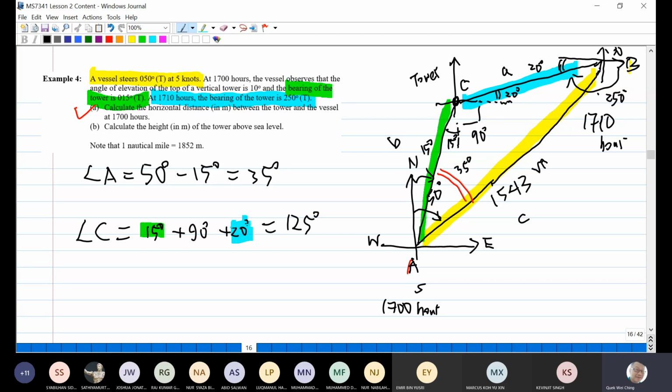Okay, then I can find out what angle B is, right? Because the total angle of a triangle is 180. So 180 minus angle A, angle C. So 180 minus 35 minus 125, you get 20. So this angle is 20 here. Good.